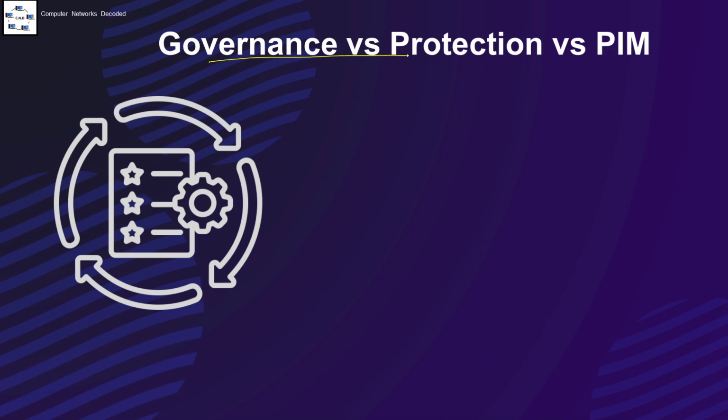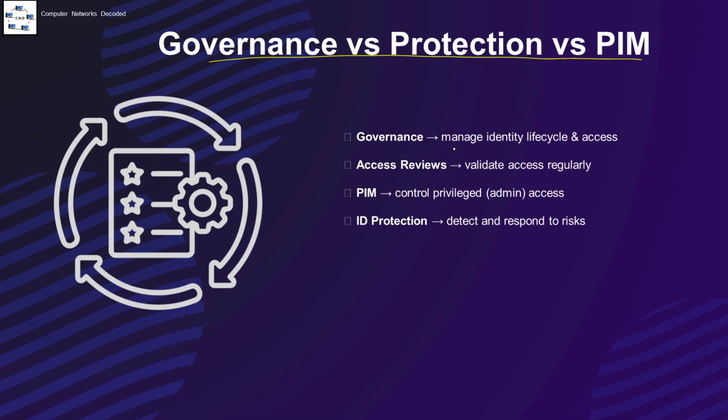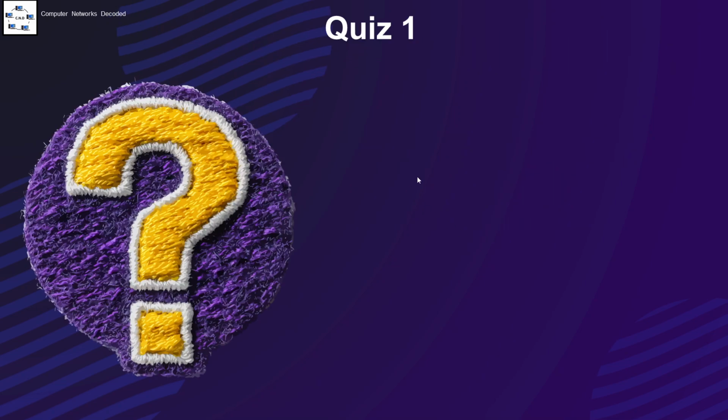So, governance versus protection versus PIM. Governance is used to manage identity lifecycle and access. Access review validates user access regularly. PIM is to control privileged or admin-level access, and identity protection detects and responds to risks.